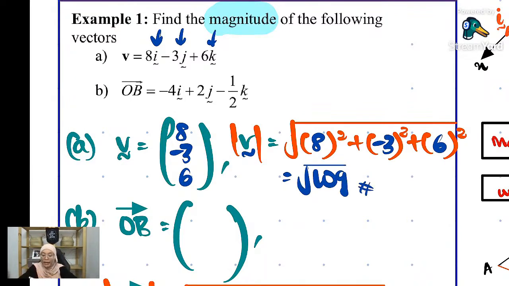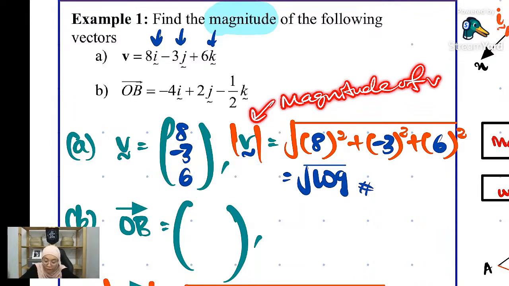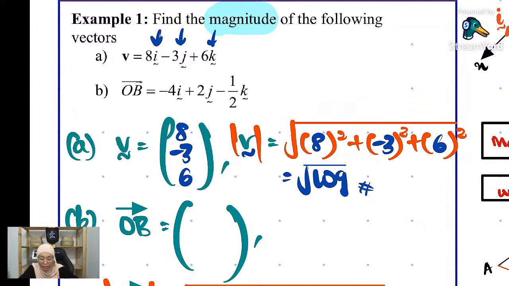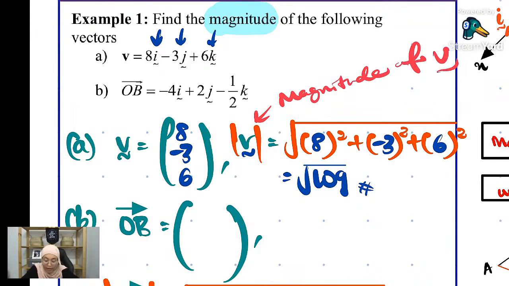So that is the magnitude of V. Actually I should not say this as modulus of V, no. The way to say it is magnitude of the V vector. This is the correct way of saying it. Again, magnitude of the V vector, okay?